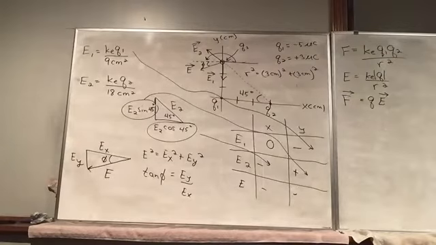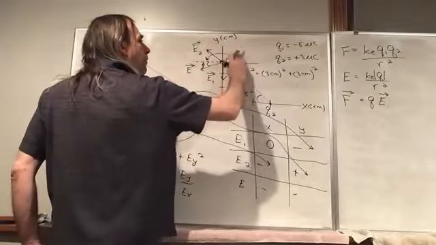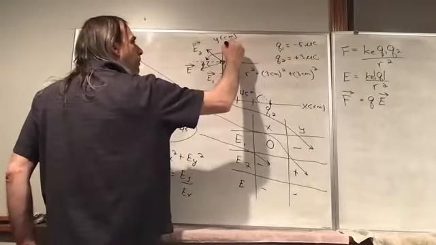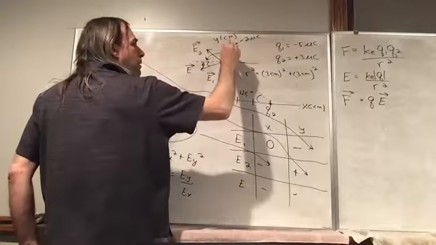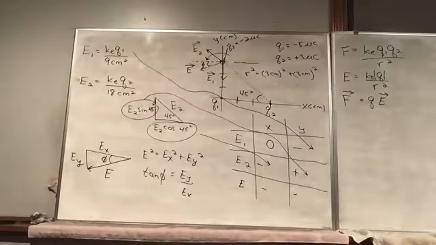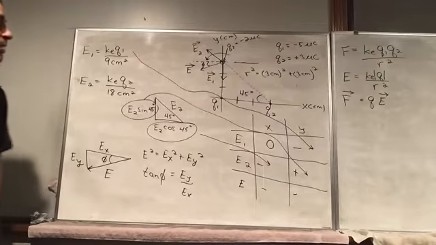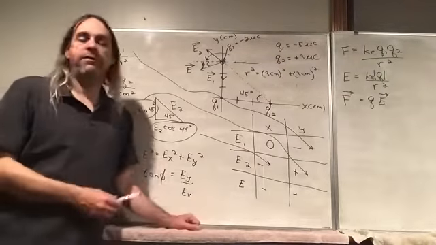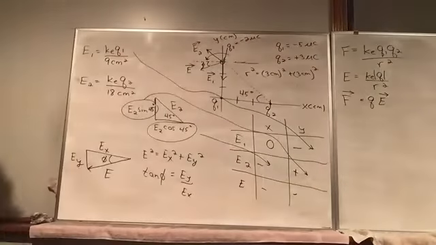Let's say we place a negative charge here, say -2 microcoulombs. Now the force on that, the magnitude is going to be Q times E. Remember, our electric field is in newtons per coulomb. So you multiply by coulombs, you get the force in newtons.